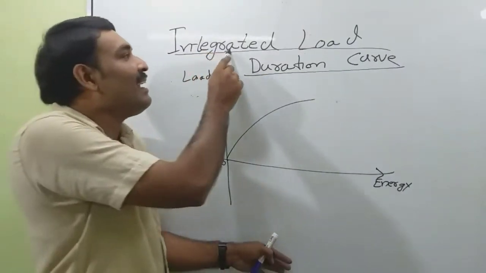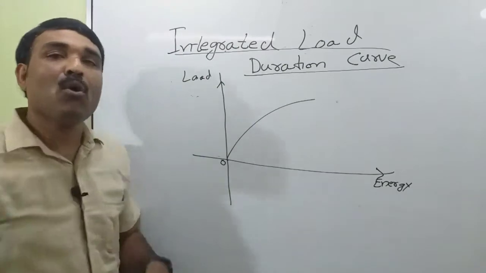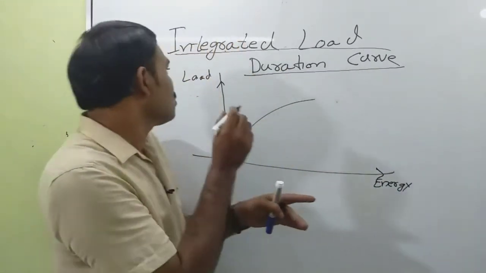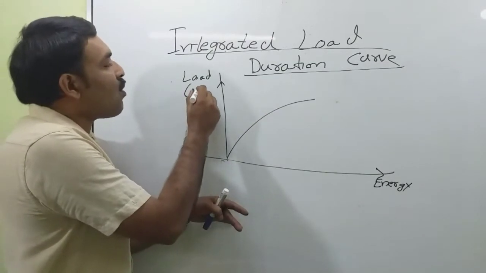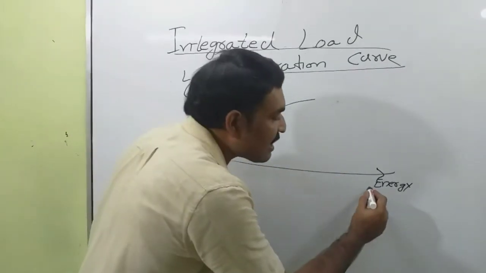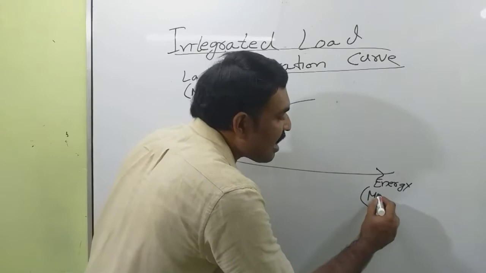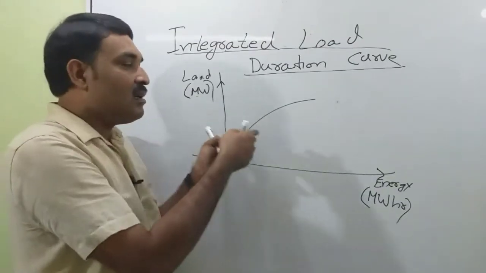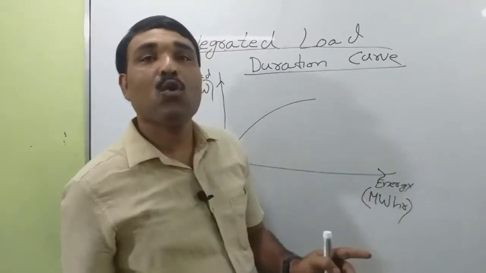Next is integrated load duration curve. It is a plot of load against energy generated. So the load is in megawatt and the energy can be expressed in megawatt hour. Suppose this is in kilowatt, then we can represent energy in kilowatt hour.